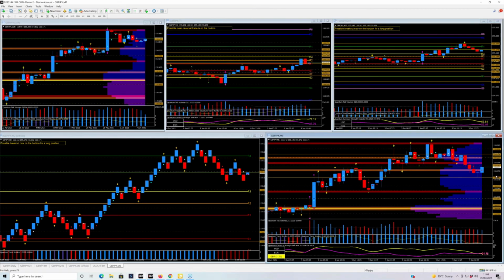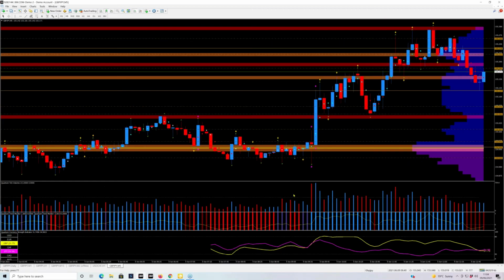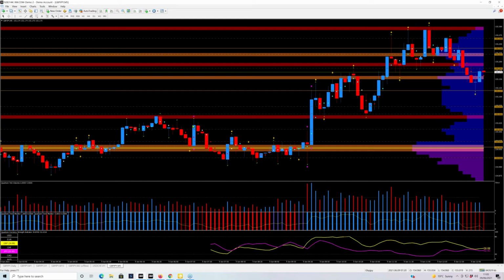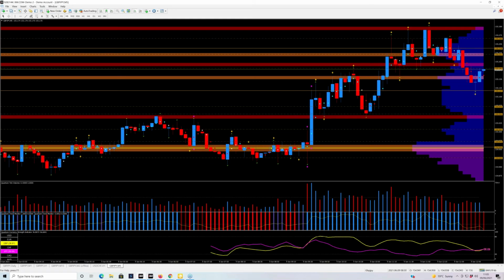Now, this morning, this was at 7:30, just before London came on board, and this is what I mean. This is the congestion, and it's a volatile congestion because we have the volatility triggered on the candle, the attempts to break away from this region, failing, coming back to the volume point of control, which we often get.